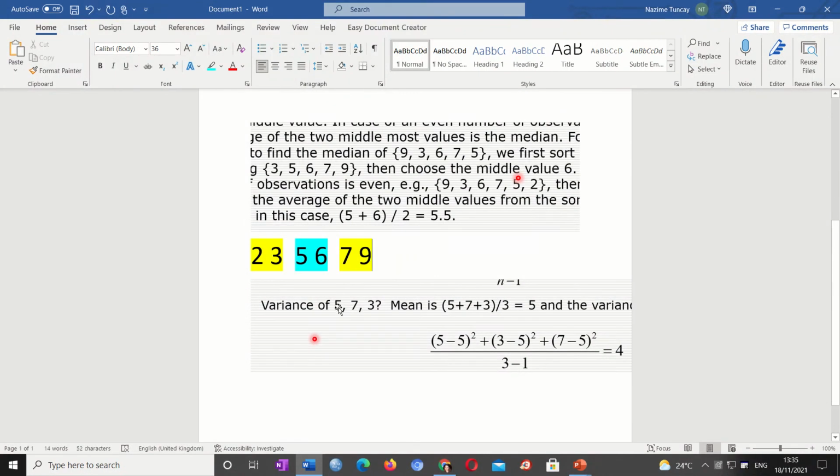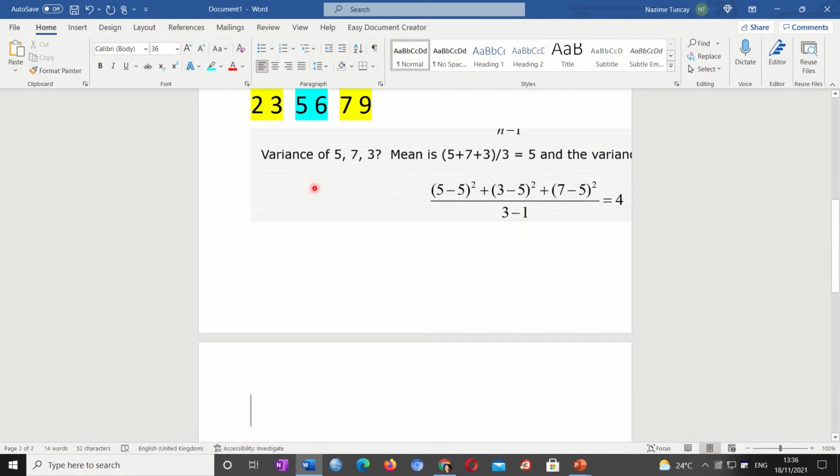So I subtract 5 from all of these numbers, take the square of the result, and divide by the number of elements minus 1, which is 3 minus 1. That's variance.